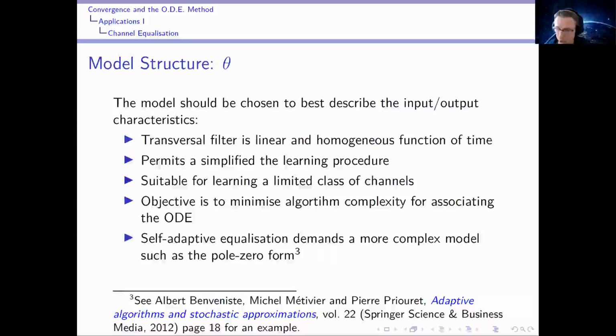There are other models which are based on rational transfer functions, and they require, I guess, considerations of stability and asymptotic convergence. And we'll touch on this point when talking about some of the general requirements for the model set. But our choice of using an FIR filter also implies that the model changes are varying slowly in time.